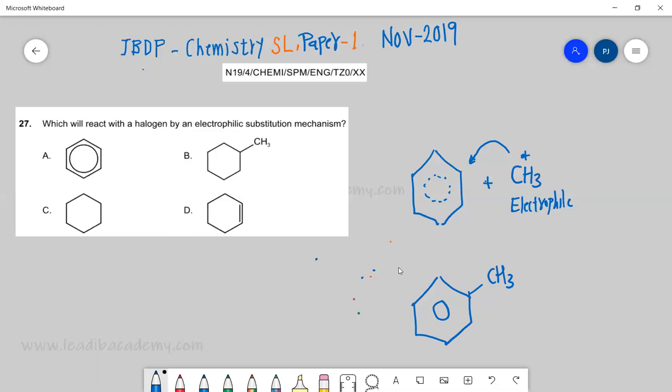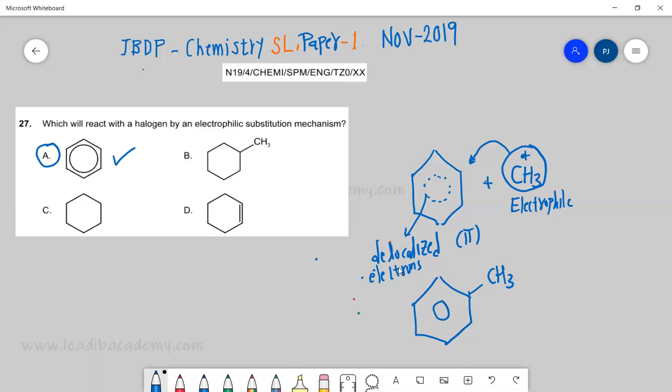So a nucleophile would not prefer it, but definitely an electrophile would, because it is looking for a good supply of electrons, and that is plentifully available in benzene. It is electron deficient. Very, very simple. So the correct answer is A.